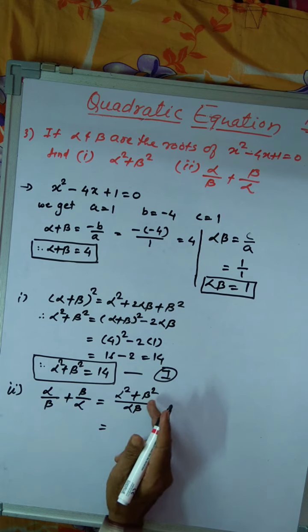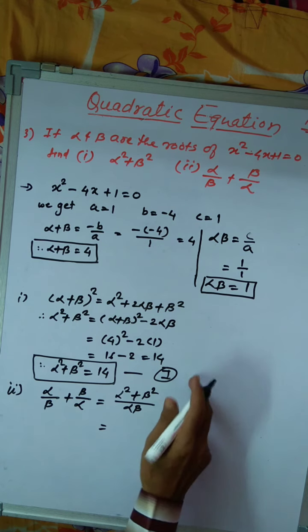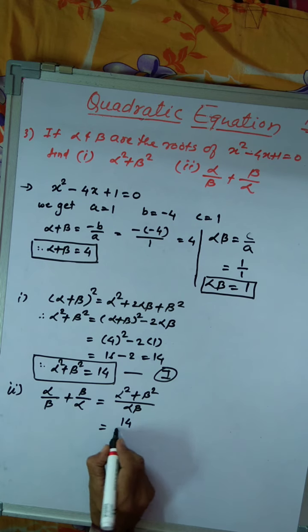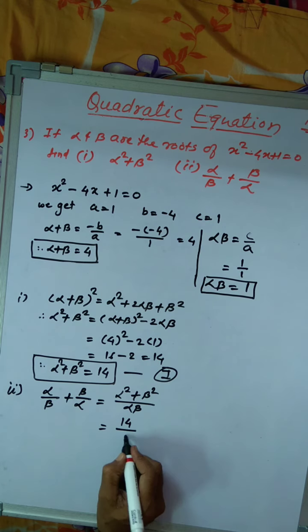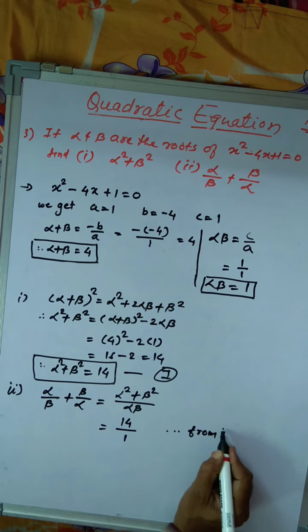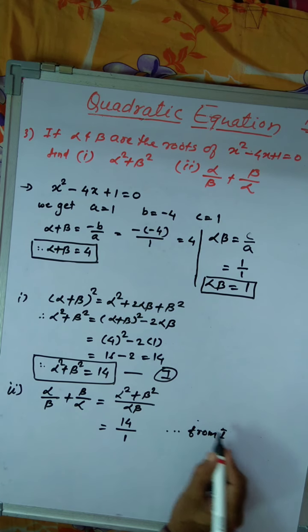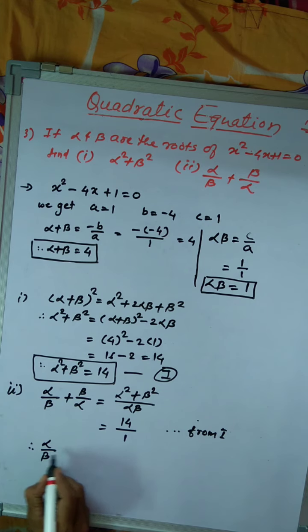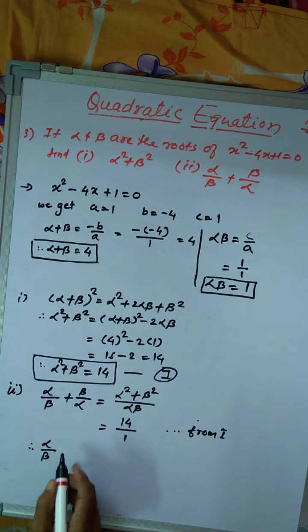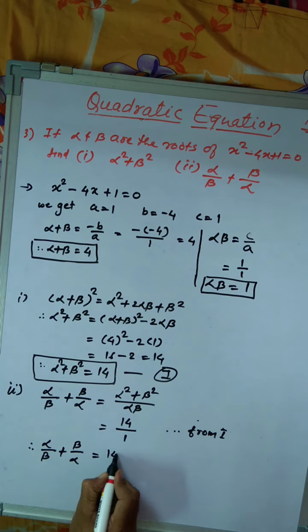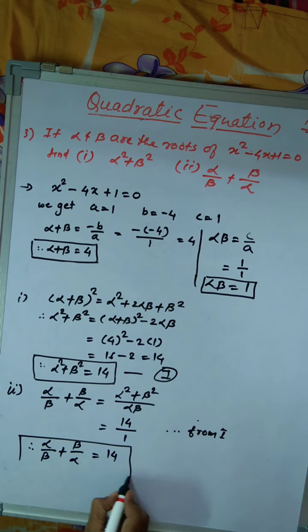Now alpha square plus beta square is equal to 14 from equation 1, write the value 14 upon alpha into beta, which is 1. And hence we get alpha upon beta plus beta upon alpha is equal to 14. That is the other value.